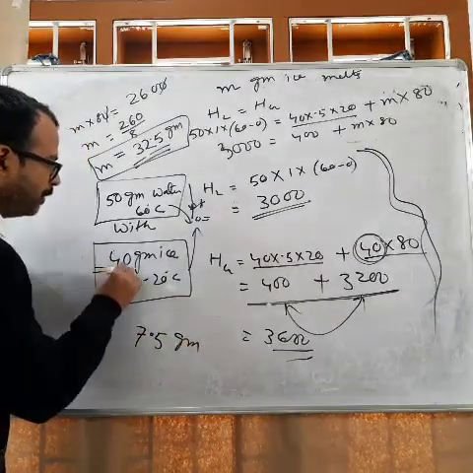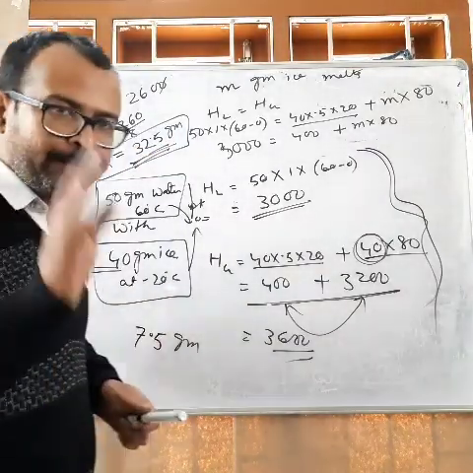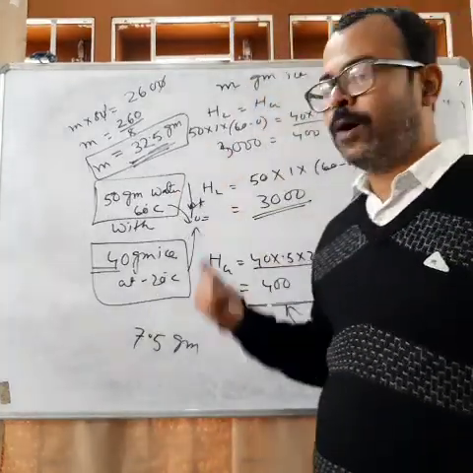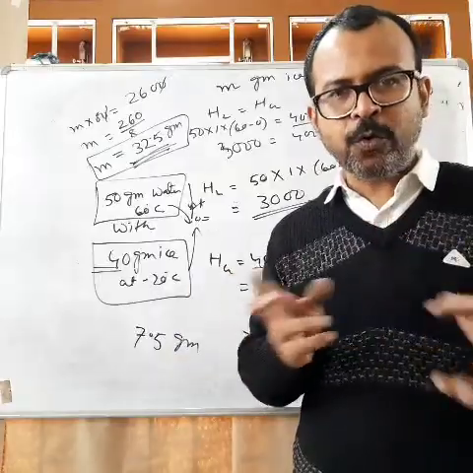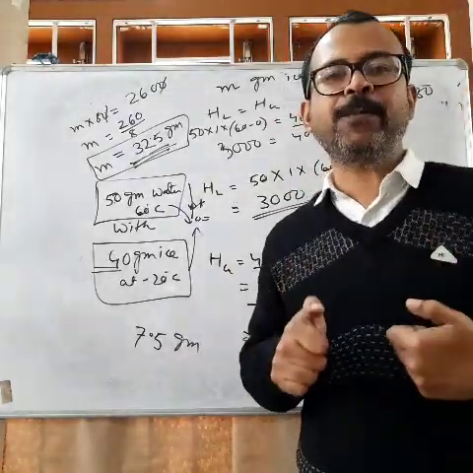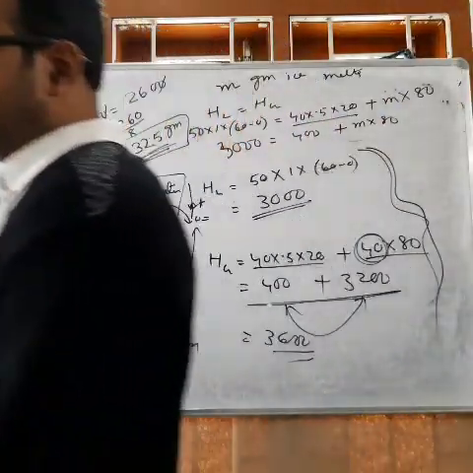Why? Out of that 40 gram, 32.5 gram melted. So 7.5 gram is still remaining as ice. So be careful. Observation gives the clue what to do. Just go for a rough checking process by heat loss and heat gain. Estimate what is the possibility and then try to solve. Note it down.